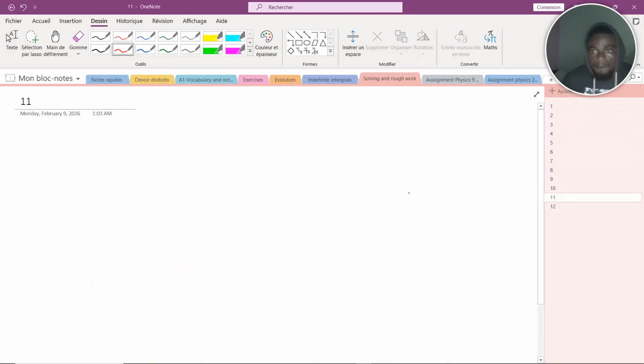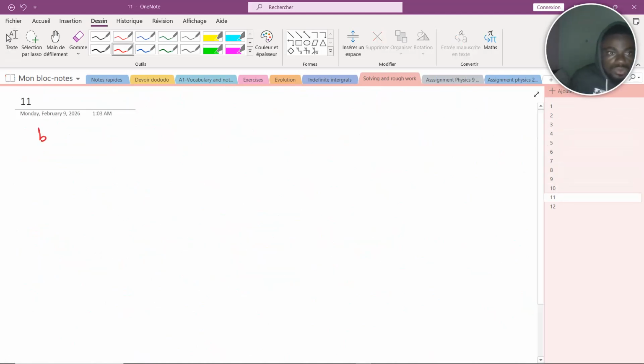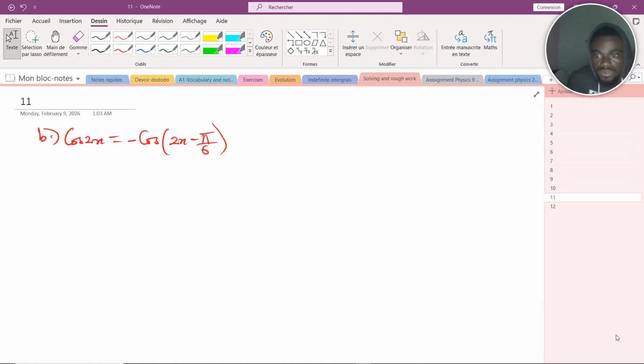We are to solve the B part, exercise 2: cos 2x equals minus cos (2x minus pi on 6). Is that okay? Let's proceed with this question.